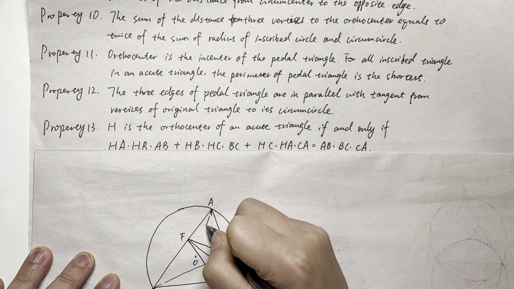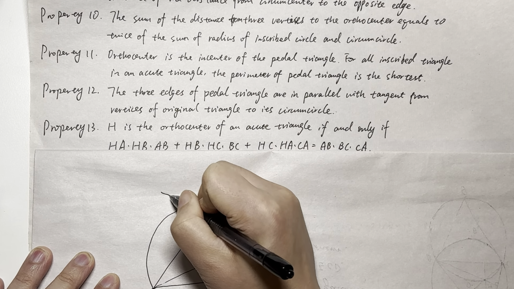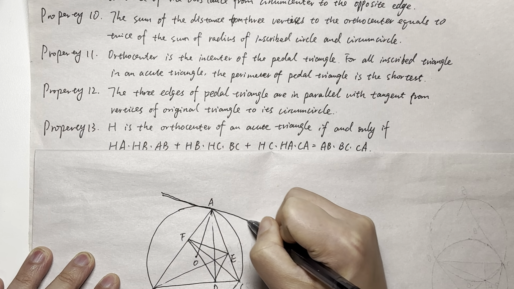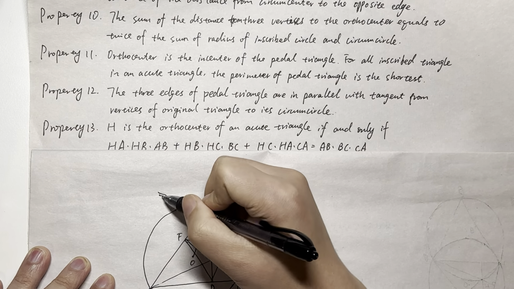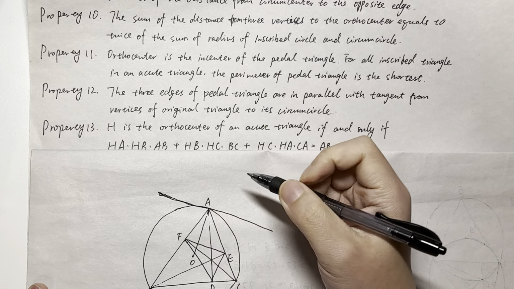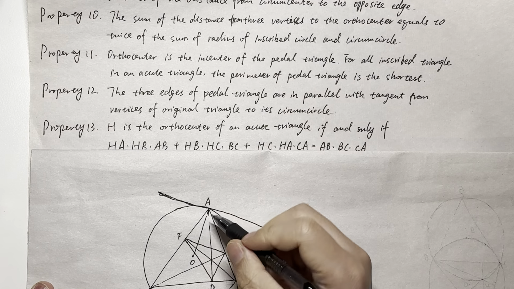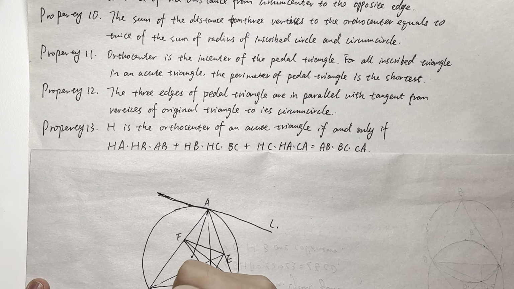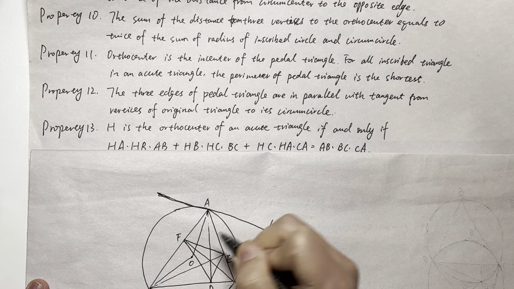This is kind of symmetrical, right? We prove one point, then the others follow the same procedure. So we want to prove that this line L is parallel to FE, right? So we actually can do this.